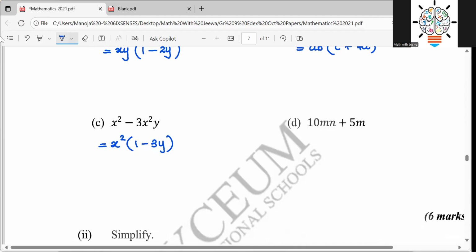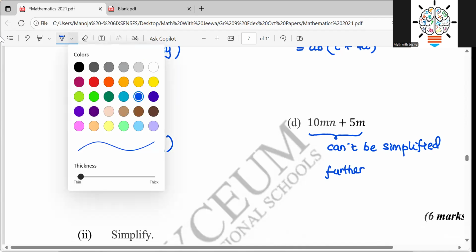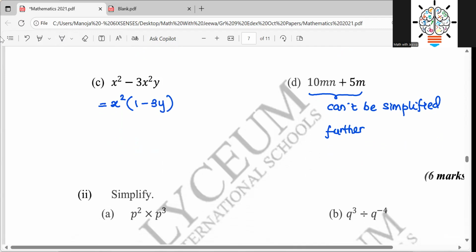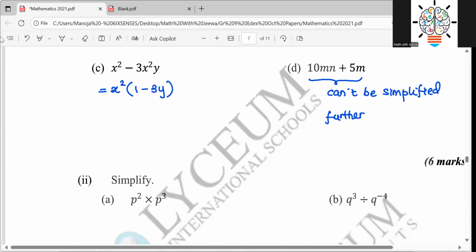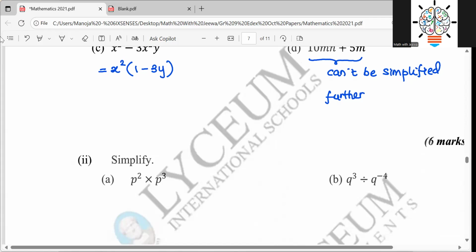Here you can't add them, children. 10mn and 5mm cannot be simplified further, because they are not like terms. If needed, you can elaborate it more.